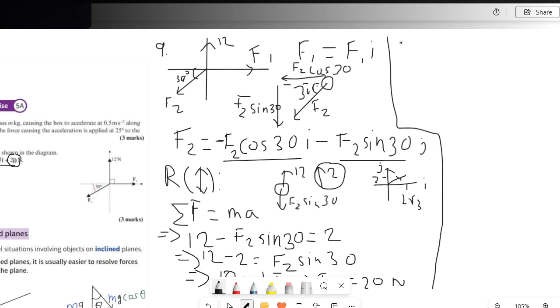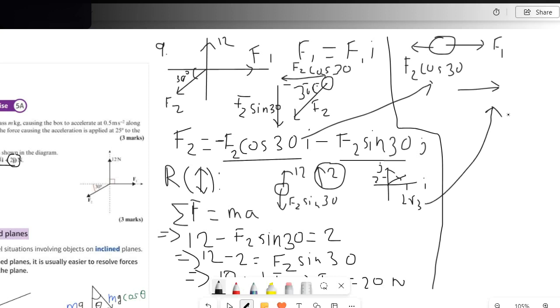And similarly, for the horizontal resultant force, we can draw the diagram again. If this is F1 and this is the horizontal component of F2, which was F2 cos 30, which is here, and we know that the horizontal resultant force is 2 root 3 i, which is in this direction, also given here.